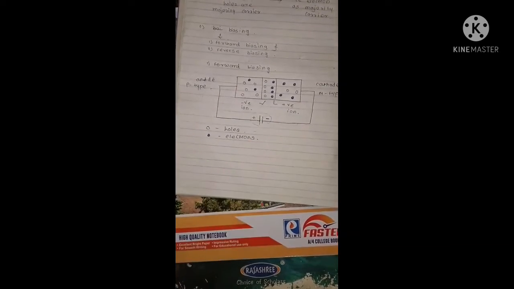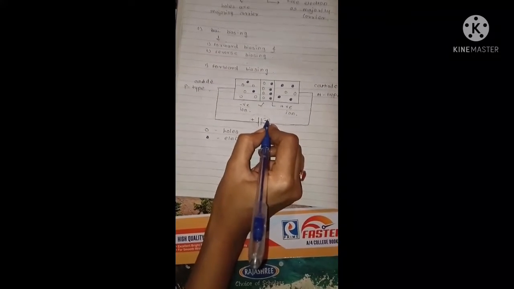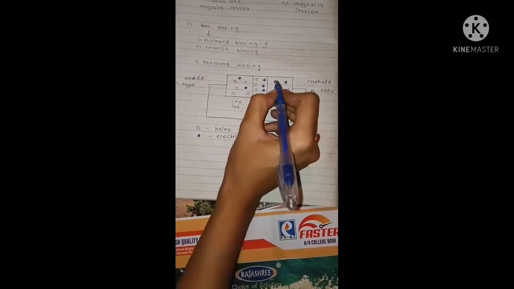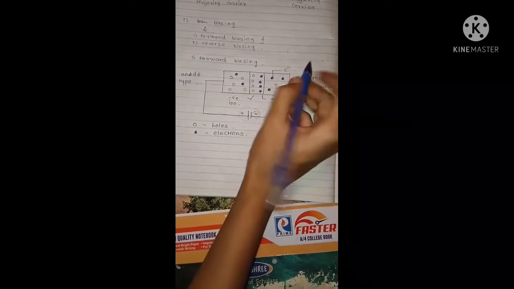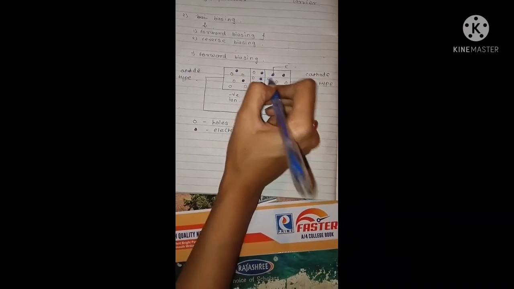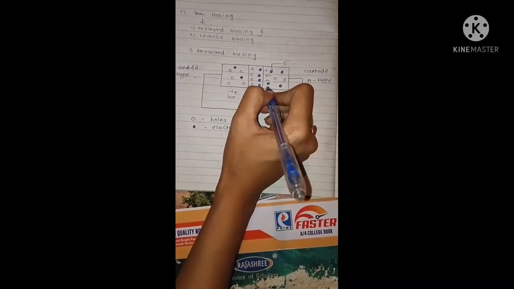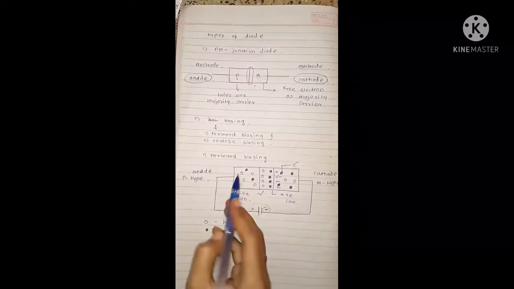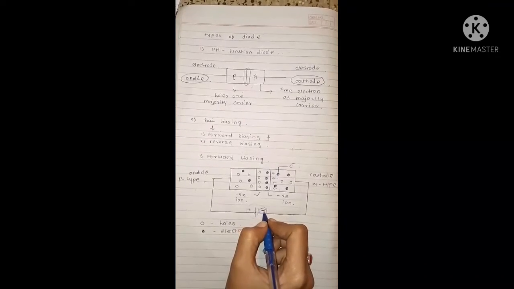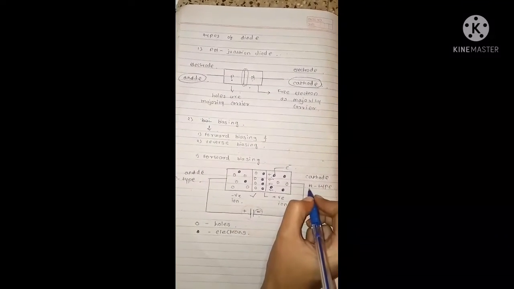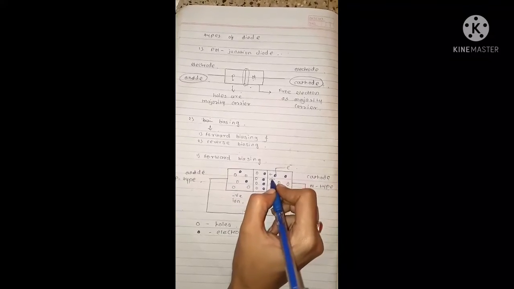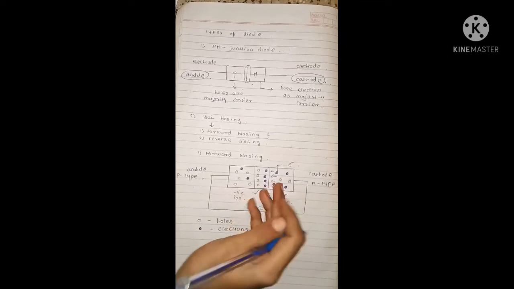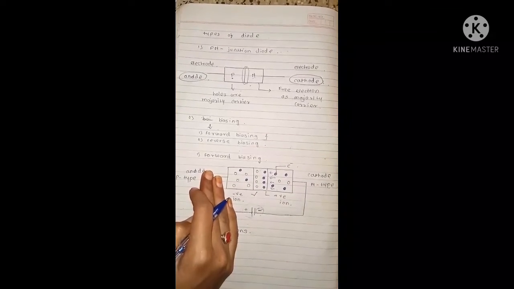In forward bias, because the negative terminal of the external source is connected to the n-type region, the free electrons of the n-type region are pushed towards the junction, or towards the p side of the semiconductor.